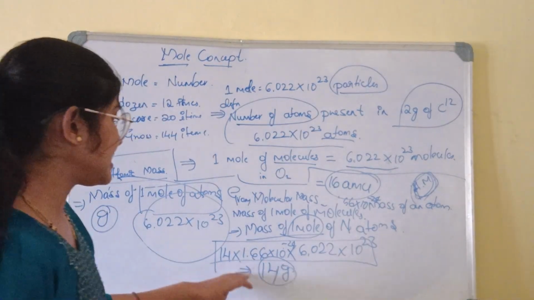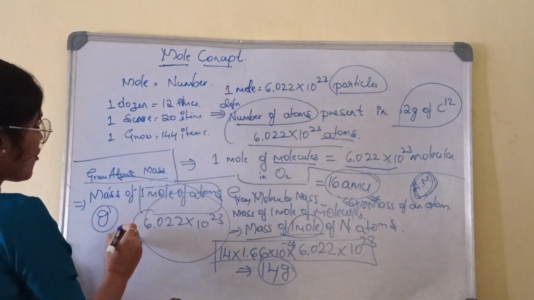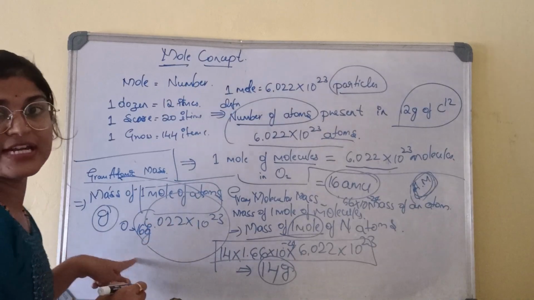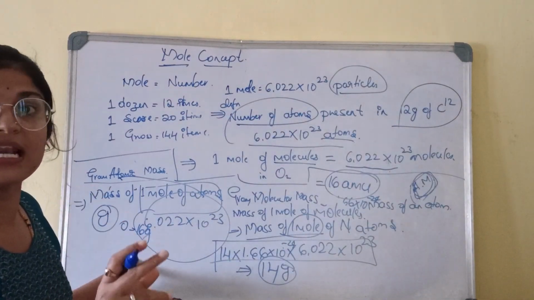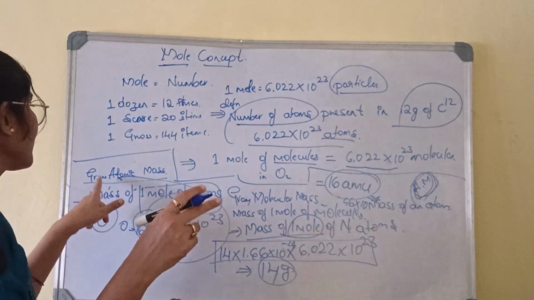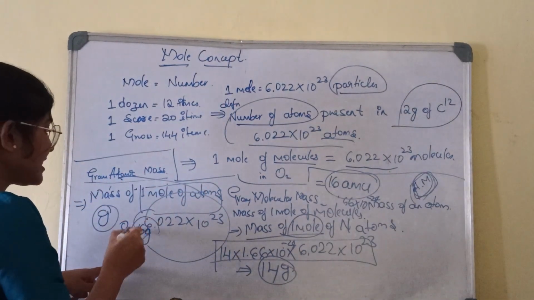Just like that, the mass of 1 mole of oxygen atoms will be 16 gram. A single atom's mass will be 16 AMU. If you are calculating gram atomic mass, it is written as 16 gram.